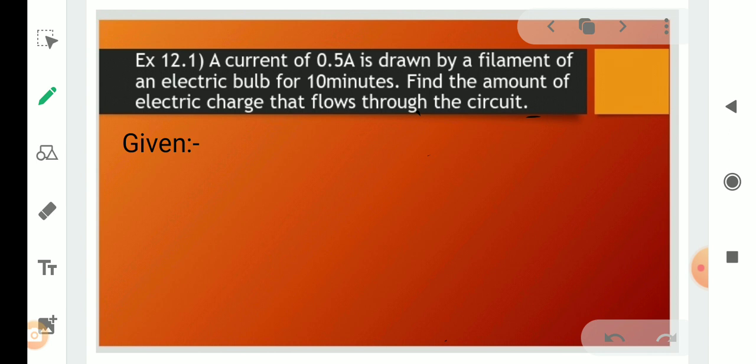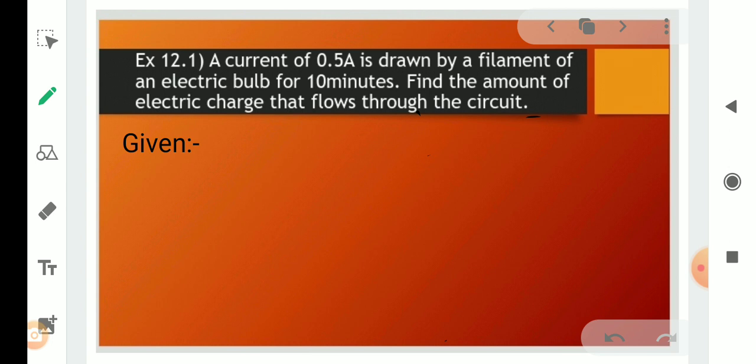Find the amount of electric charge that flows through the circuit. Understand the question first. What is given here? Current of 0.5 ampere is used for glowing an electric bulb, and it is glowed for 10 minutes. What we have to find? We have to find the electric charge that is flowing in the electric circuit.